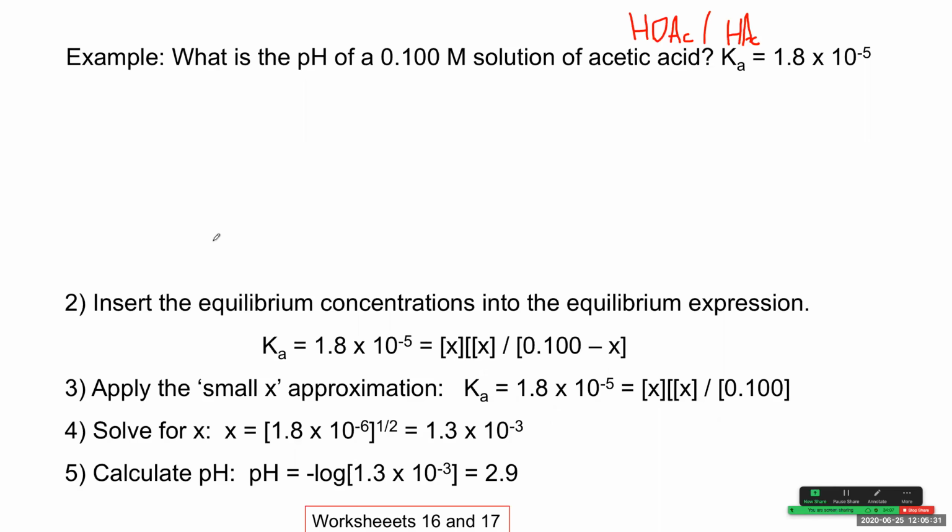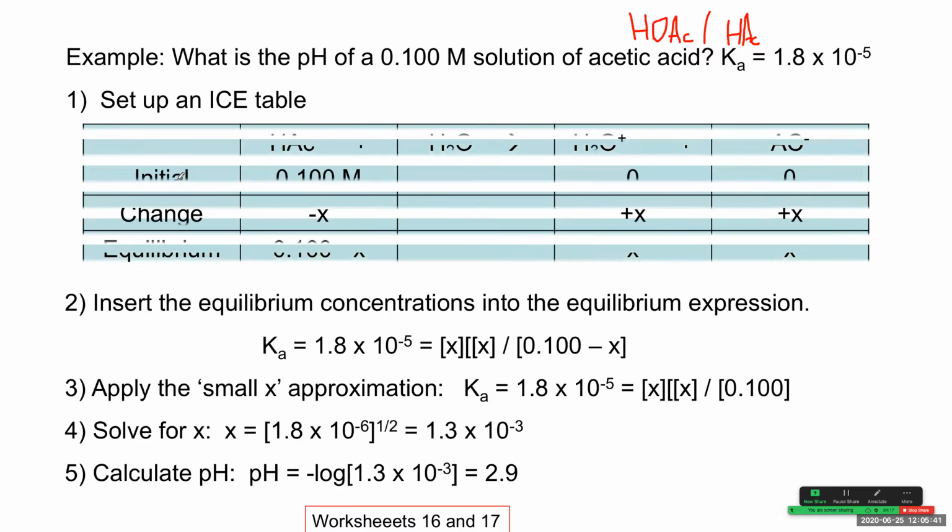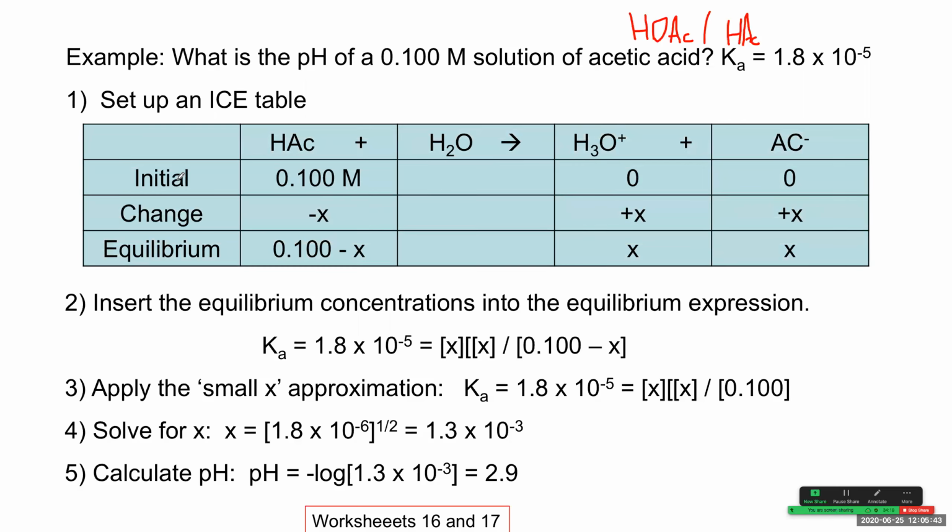So the first thing you want to do is set up your ICE table, because this is a weak acid. Here's an example of the ICE table. I always like to write the equilibrium that's going on in front of the ICE table, and this should have an arrow going both ways.